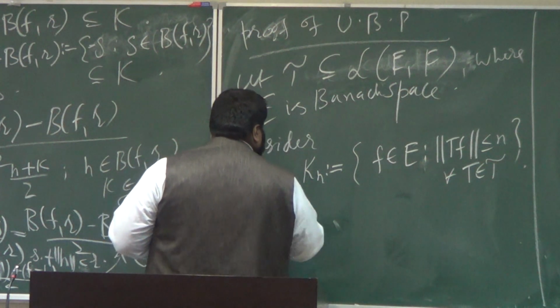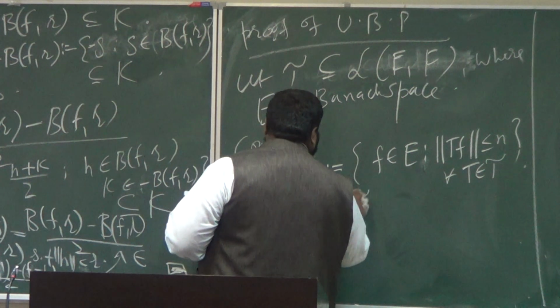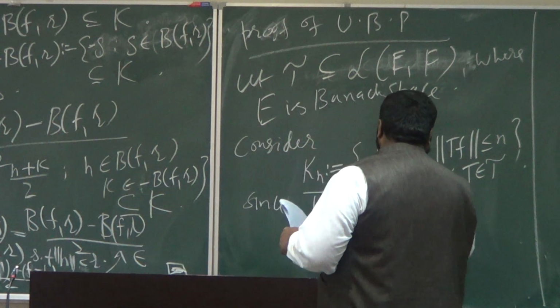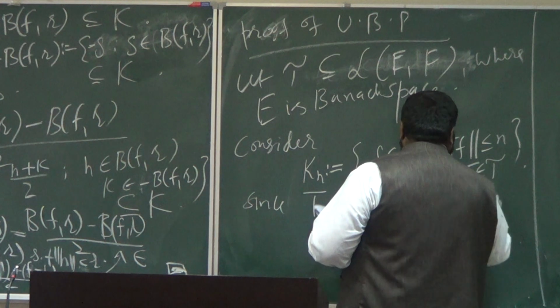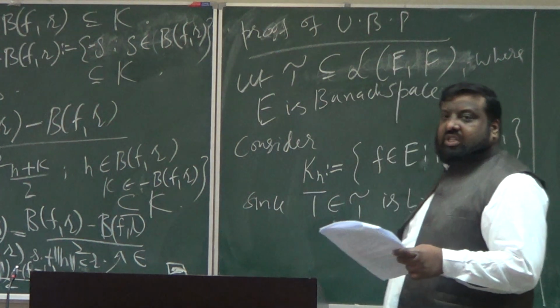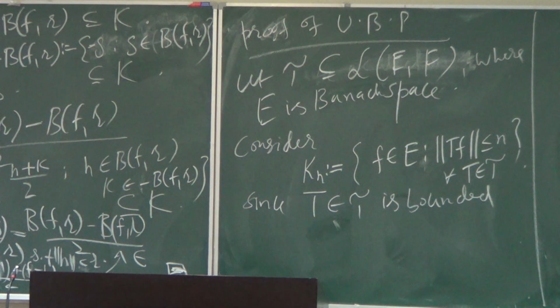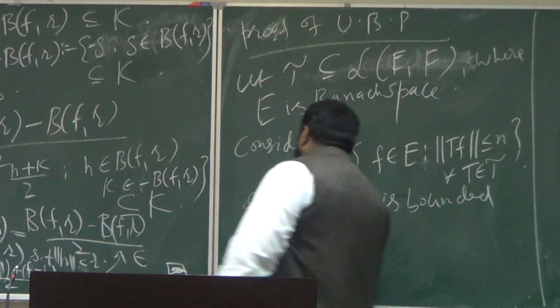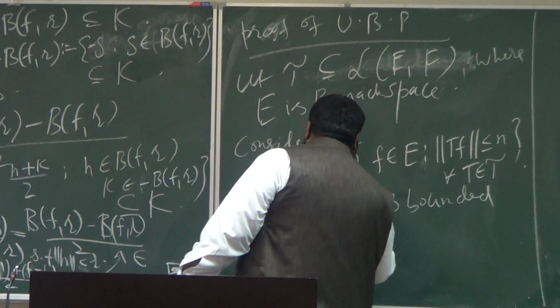Now, here's a point. Since each T from tau is bounded, and hence linear as well, it is continuous actually.